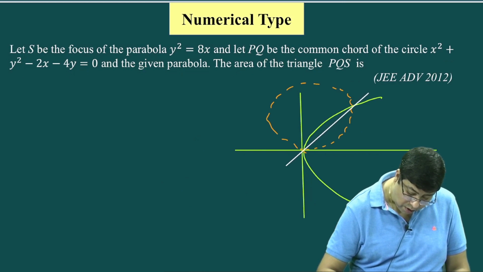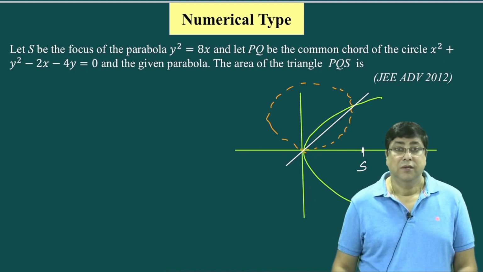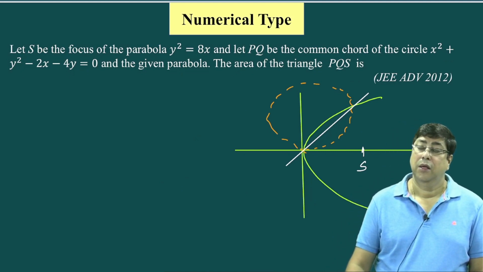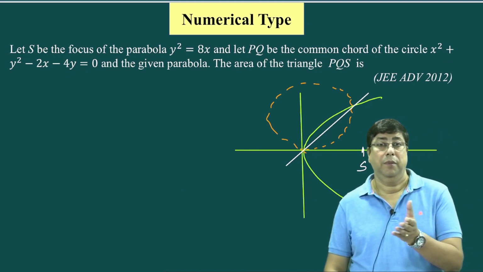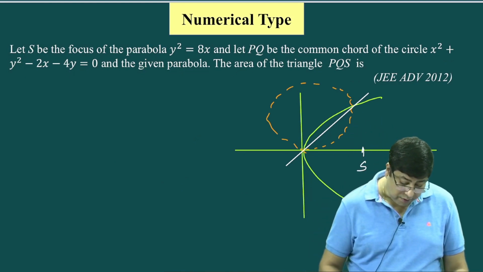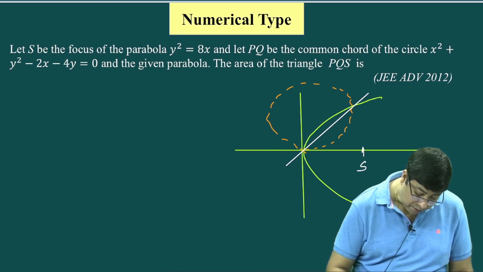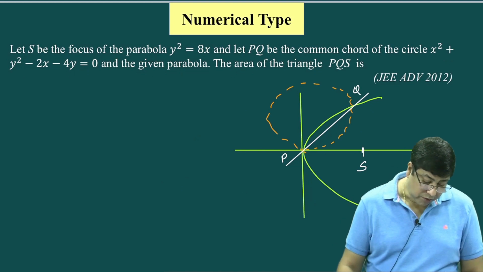This is a common chord, and suppose this is a focus. Circle and parabola will cut. Obviously for the circle the center is in the first quadrant. Suppose this point is P, and this point Q. Now we have to solve the sum.